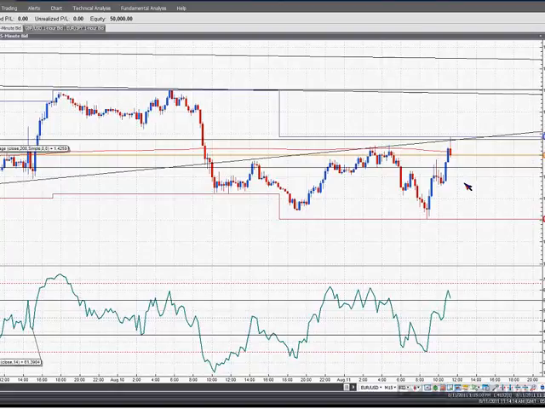So let's see. Let's set it up here. If the market goes up towards the 0.85 area, 0.8450, I would start considering fading. Personally, I would consider fading, but again, in the short term, I would look for the market to fade towards 0.80.